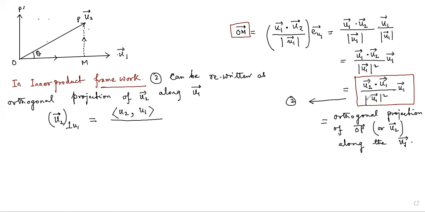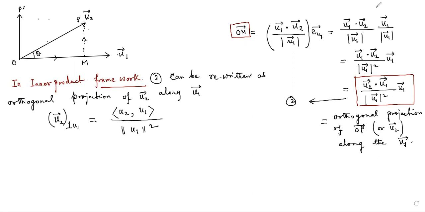Below, what I have written is mod of U1 square. You know that the generalization of mod sign in inner product is the norm. So in place of that, I can write norm of U1 vector square. I am not using the vector symbol because vector symbols are not required in vector space analysis. If I say that I'm doing the thing in vector space, and if I simply write U1, it is implied that it is a vector.